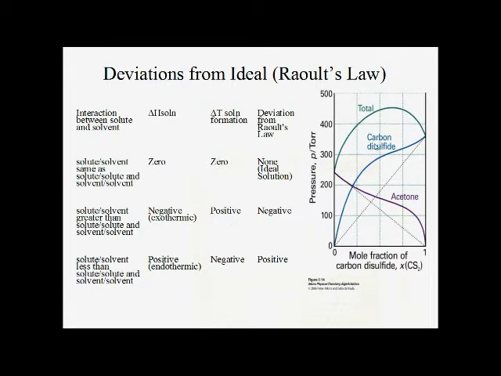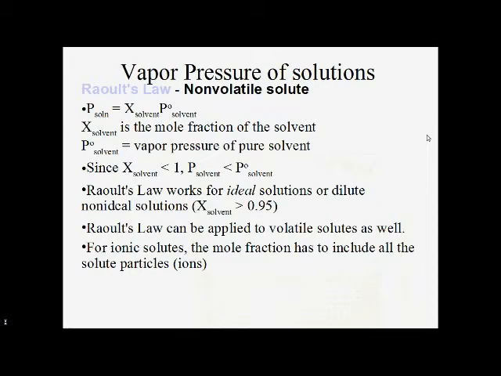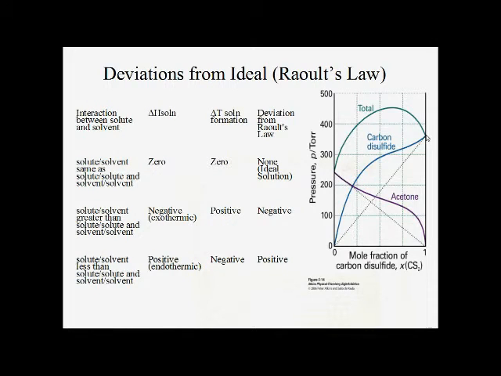So this is an example of carbon disulfide with acetone. It's a non-ideal mixture. We see that the total is not at all a straight line between the two pure vapor pressures. It's quite above a straight line between the two pure vapor pressures.